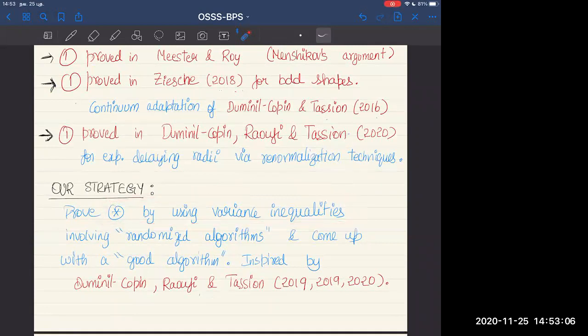We will improve the Poincaré inequality using roughly what is called a randomized algorithm in the discrete setup, and then come up with a good algorithm. This strategy, which I will make clearer, is inspired by three papers of Duminil-Copin, Raoufi, and Tassion, which really popularized this use of randomized algorithms in proving exponential decay.